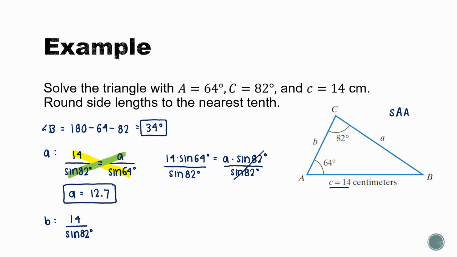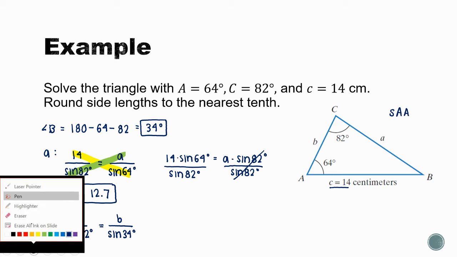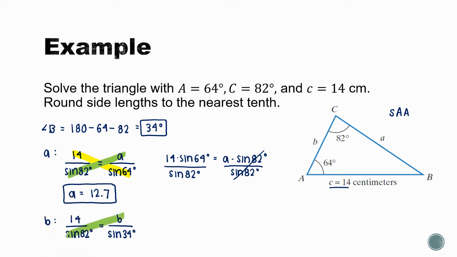Okay, so we're still doing the 14 over the sine of 82. This is going to equal, we now want to find side b. So that means that now we need angle B, and that's what we found at the very beginning. That's a 34-degree angle. So we are going to cross multiply like we did above.